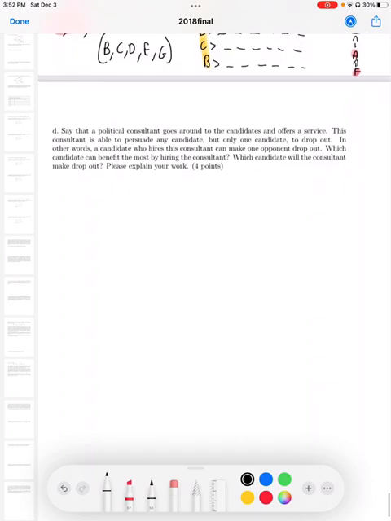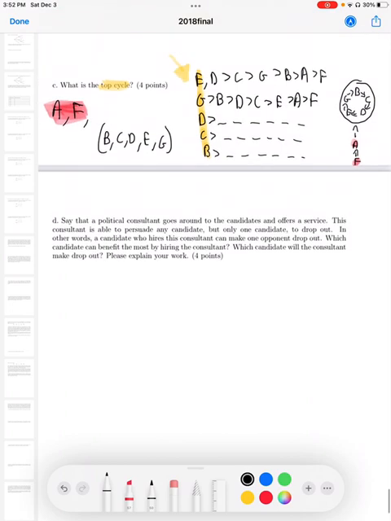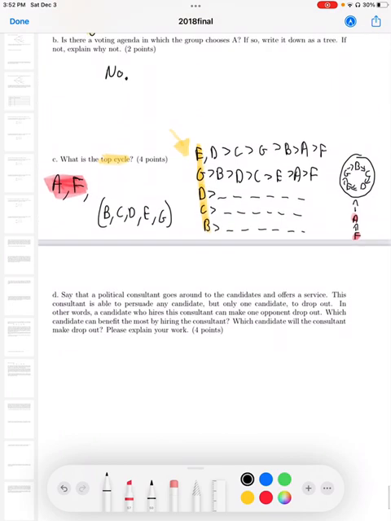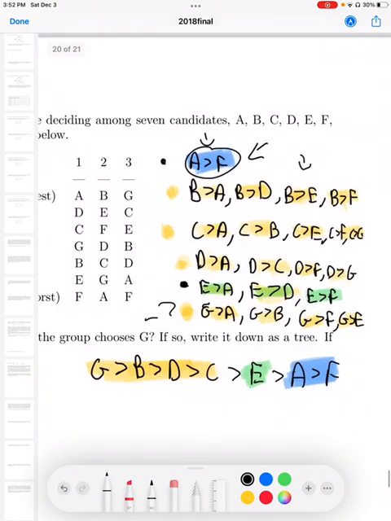So let's see. The best way to see which candidate will benefit the most is to see how many opponents beat a certain opponent.